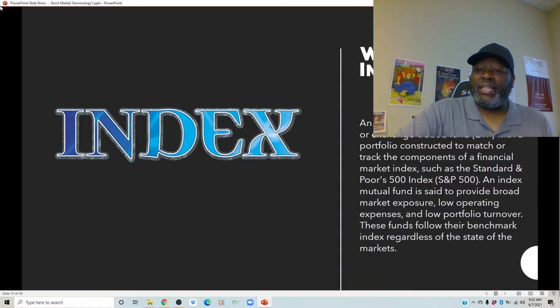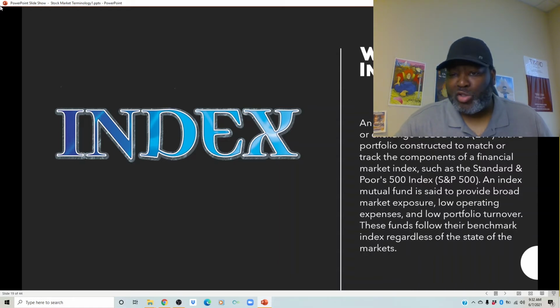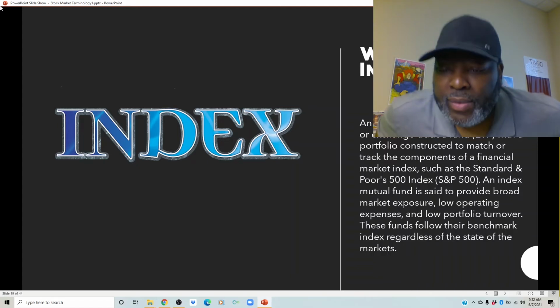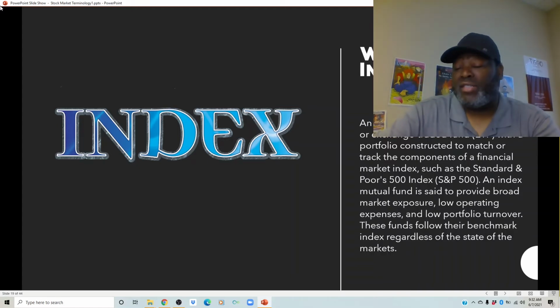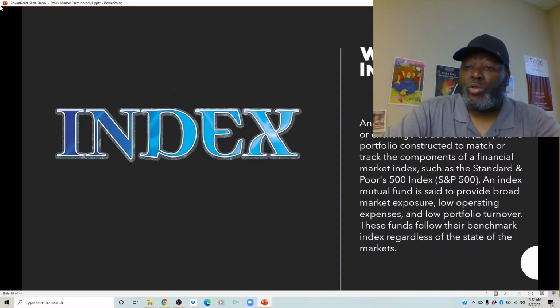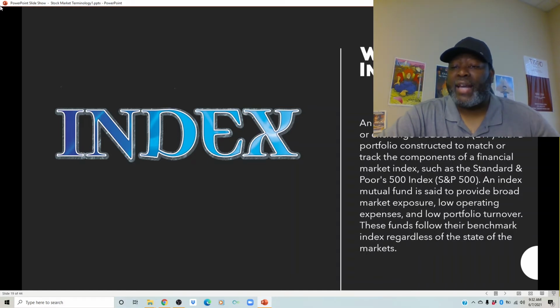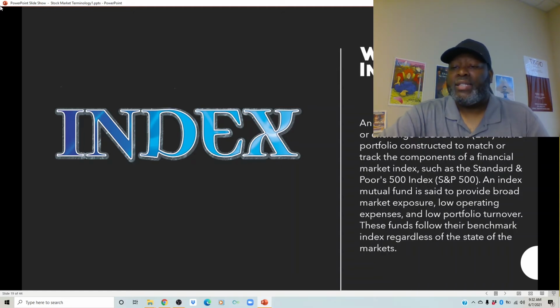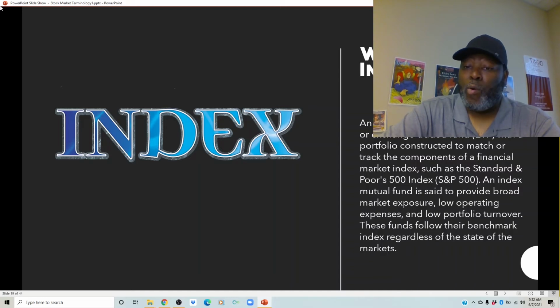What is an index fund? And this goes back to ETFs because they all fall under the same umbrella. An index fund is a type of mutual fund or exchange traded fund with the portfolio constructed to match or track the components of a financial market index, such as the Standard & Poor's 500 index, or S&P 500.